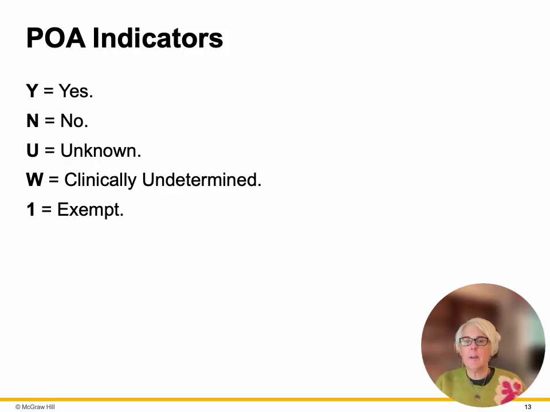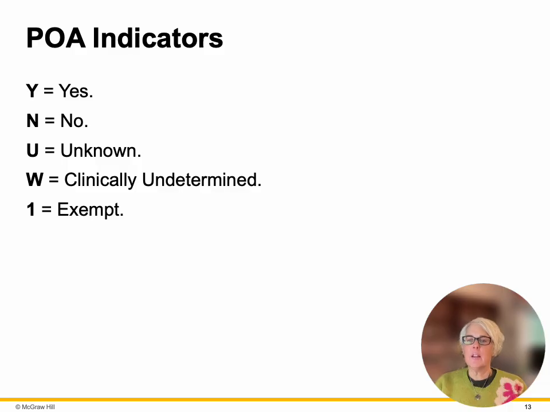So these are the POA indicators. They're just single characters, but they carry a lot of meaning. Y obviously means yes, the condition was present on admission. N means it wasn't. U means it's unknown, when the documentation is not clear enough for me to tell whether it was present on admission.